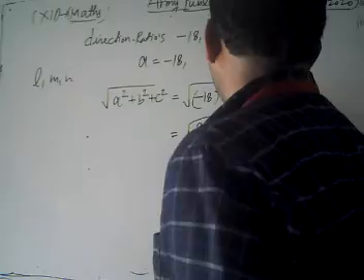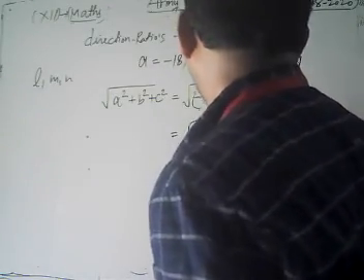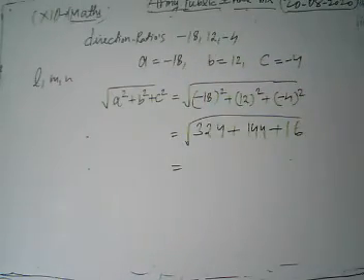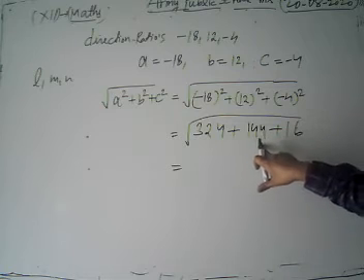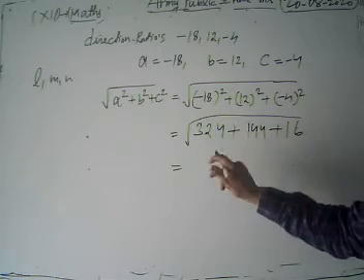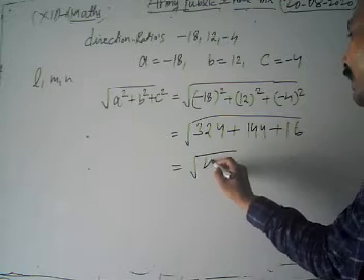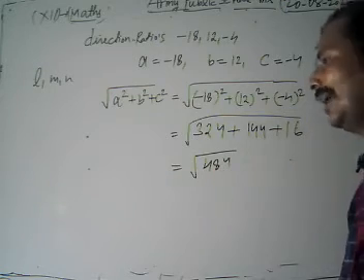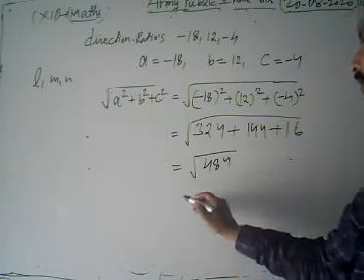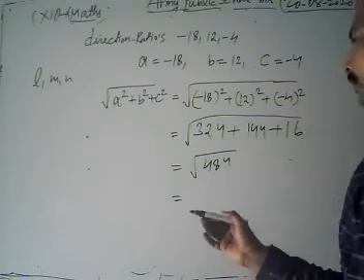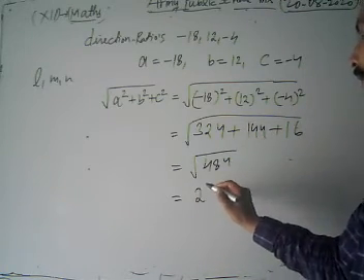Now 144 plus 16 is 160, and adding 324 we get 484. What is the square root of 484? 21 squared is 441, so the square root is 22.